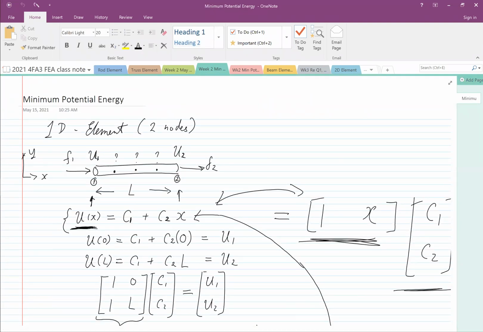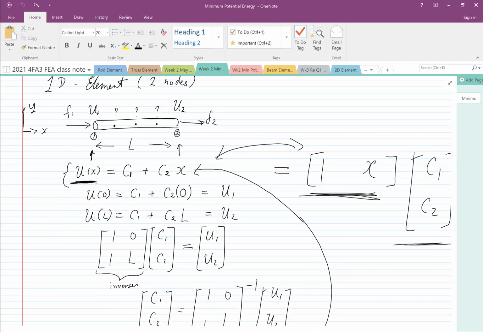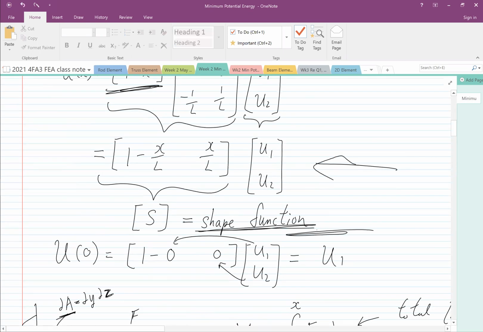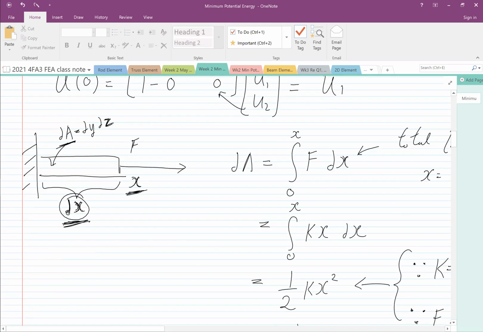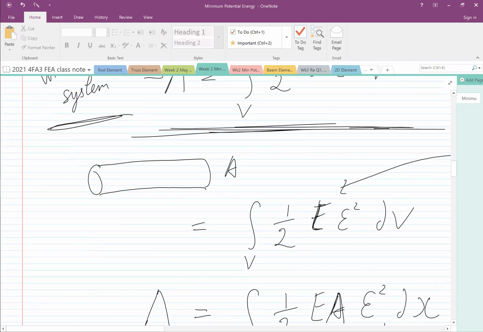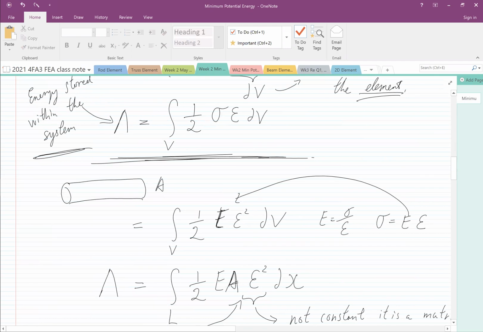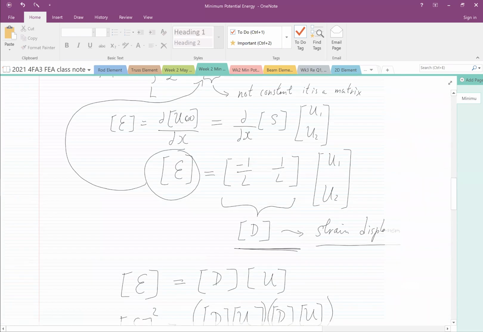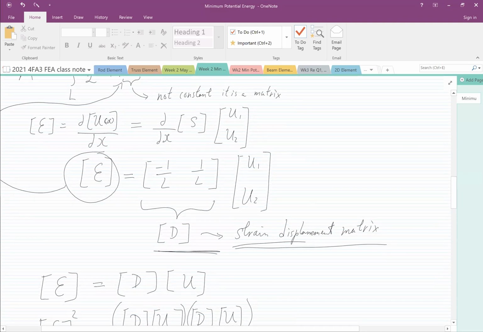Okay, minimum potential energy is a lot of theory stuff. Basically this is the approach to the development of element matrices. The first step, always look for the shape function, and then we develop the strain displacement matrix from the shape function.